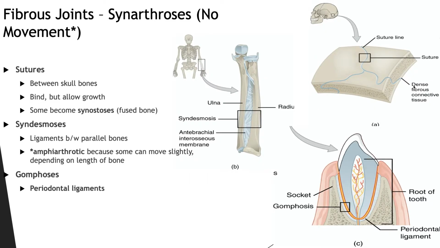Let's get more into detail on these joints. The first type, fibrous joints, have several different functions and structures associated with them. These include sutures, a synarthrotic joint located only between the bones of the skull. The edges of the bones are interlocked and bound together by dense fibrous connective tissue.